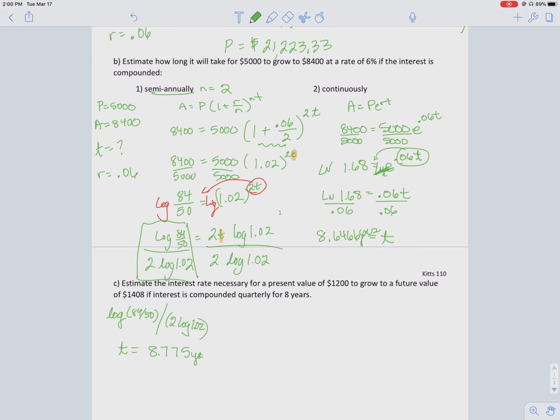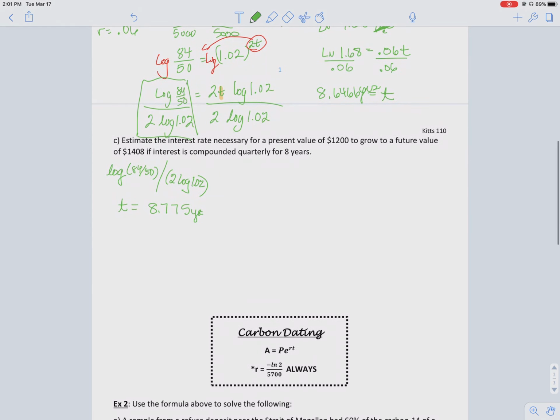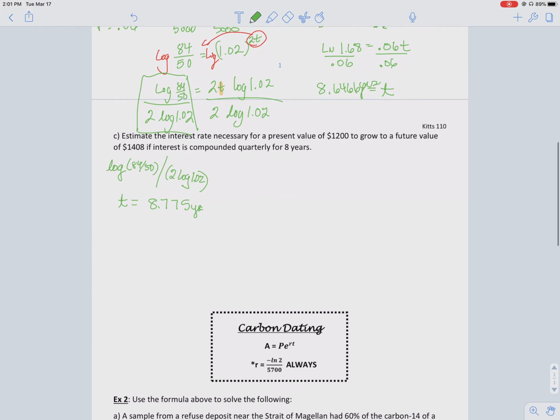Alrighty. So let's do one more. Estimate the interest rate necessary for the present value, $1,200, to grow to a future value of $1,408 if the interest is compounded quarterly for 8 years. All right, so since it says quarterly, that means we're going to deal with the n again.